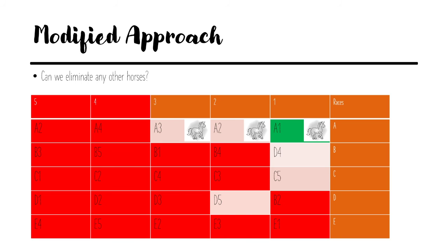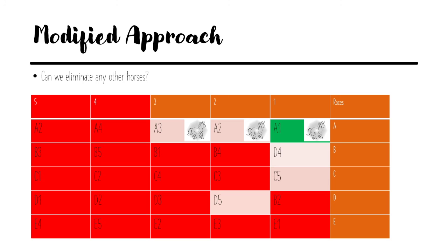The row of the fastest horse is always masked by the fact that it's the fastest horse. Let's say that B1 was the fastest horse, then whoever was the second and third in the second race of our solution, so those two horses of the B group, would be masked by the fastest horse.